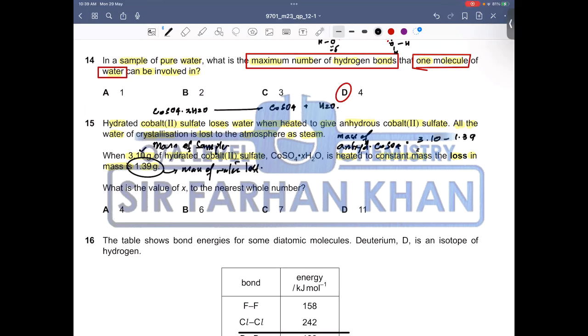It's going to be 1.71 gram. Okay. All right. So we know the mass of water. We know the mass of anhydrous cobalt(II) sulfate. Let's find the value of x from here because he's asking the value of x. And it needs to be the nearest whole number. Okay.